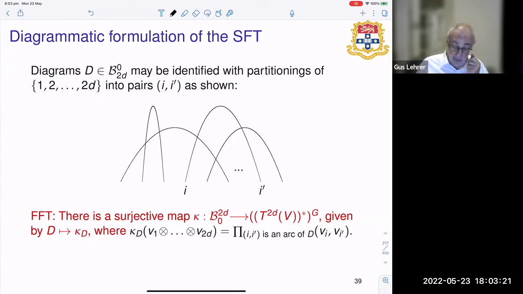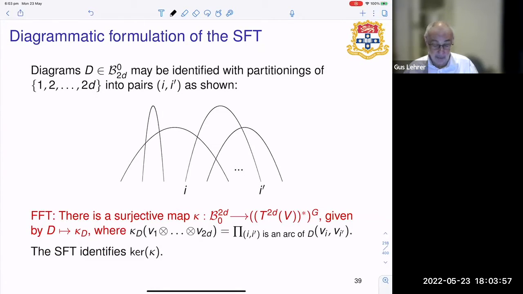And in the orthosymplectic case, there's an even further ambiguity, because when you multiply these together, you need to be careful about the order in which you do that as well. But I'm going to put that aside for the moment.